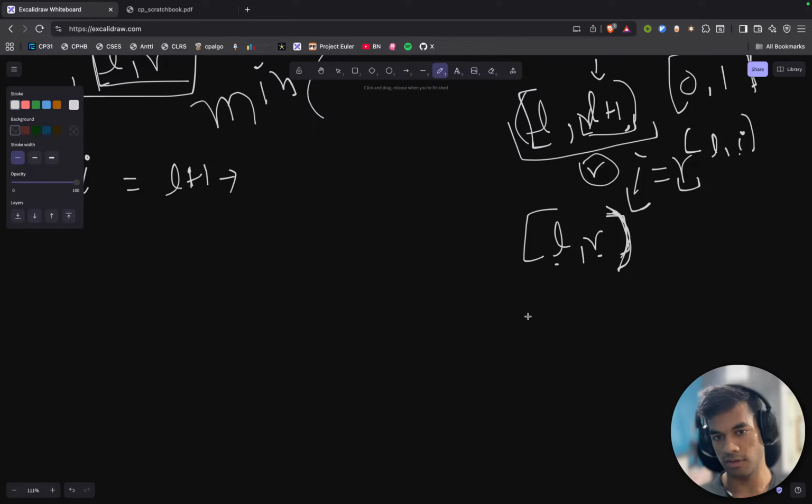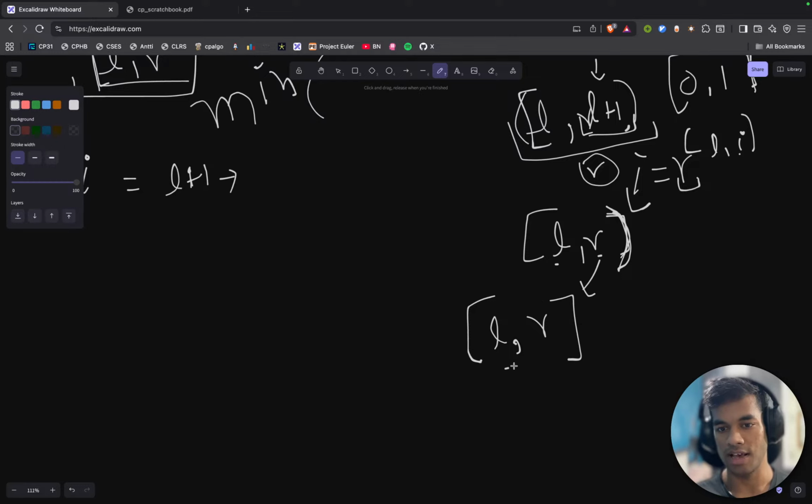You can see that this range is smaller than our original range, which was L, R, both inclusive. Why is it smaller? Because here this is a rectangular bracket and this is also a rectangular bracket, which means L is included in both ranges.